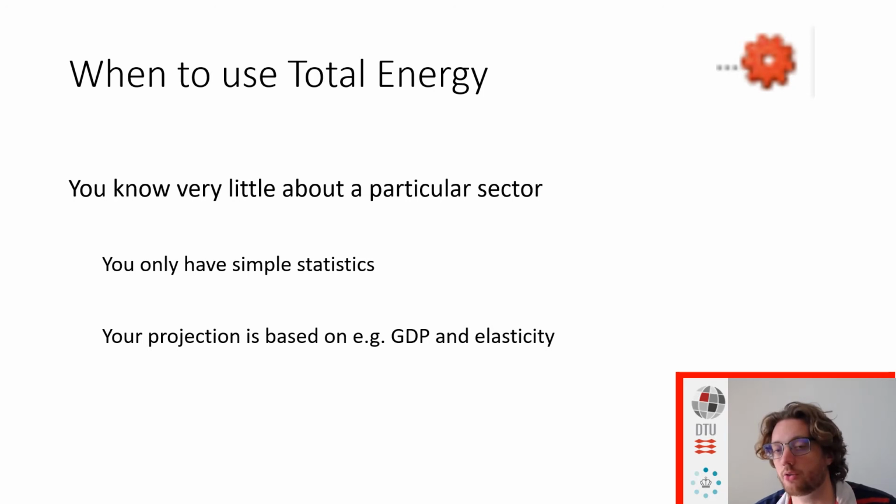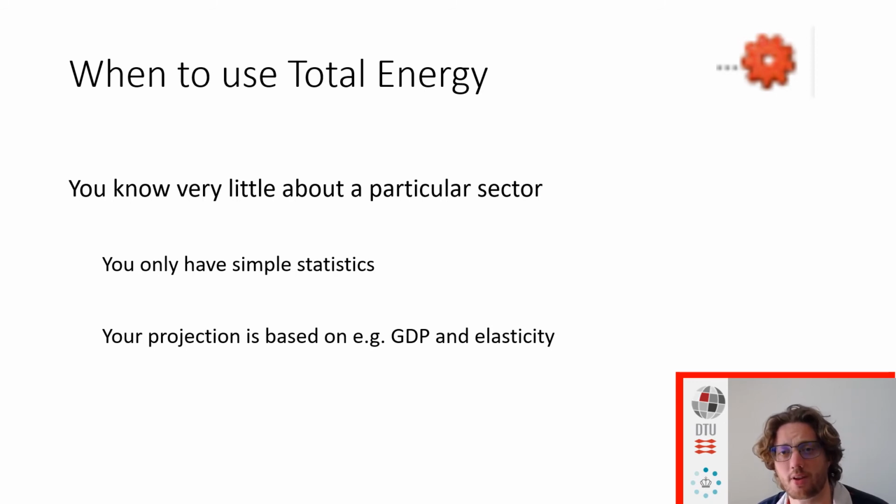You can also use it really well if your projection is generally based on, for instance, GDP or another sector, and you have an elasticity with that. So if you have a not so important sector, you can just have it for GDP and elasticity, which you can do quite easily with a growth as function.